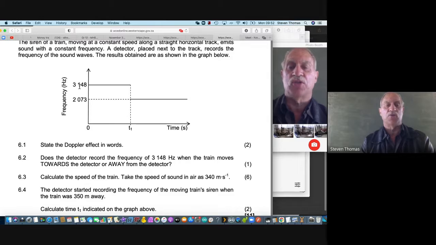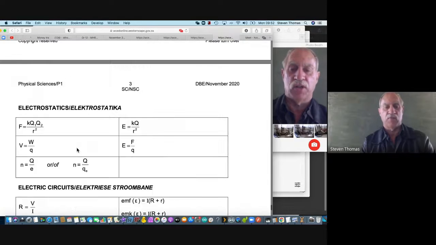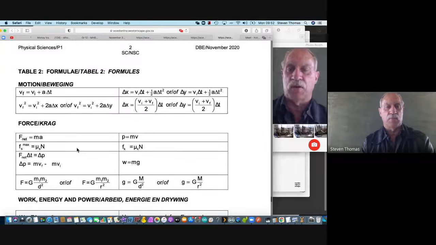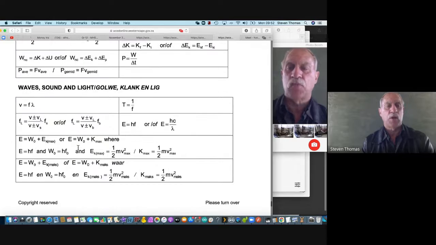So what you're going to do is get that formula for Doppler. Let's have a quick look at that formula. This formula gives the frequency that the listener hears, and you're going to substitute all these values in, and you're going to do it twice: one for when it's coming towards you, and one for when it's going away from you.